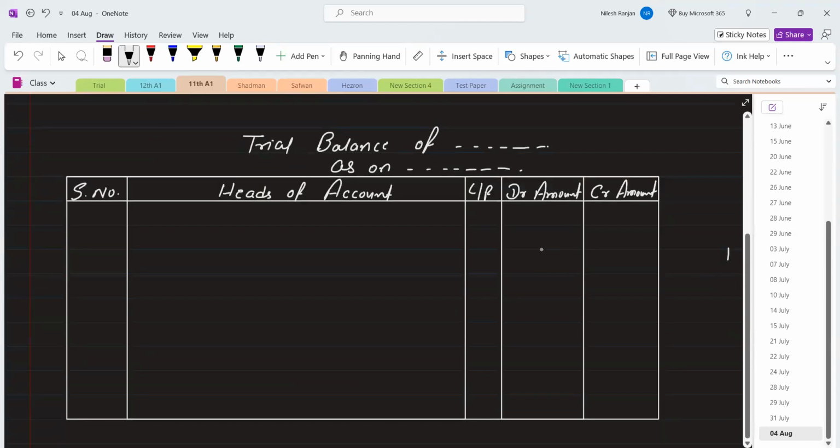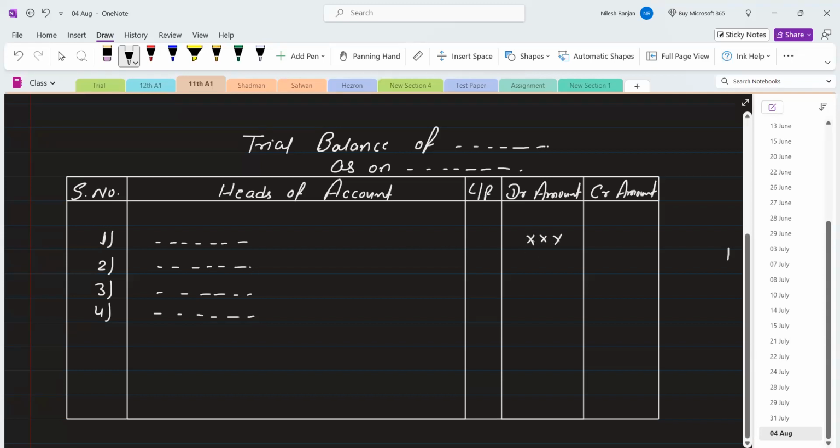We start with serial number here, like 1, 2, 3, 4, like this. We write the name of accounts, and we write the amount.